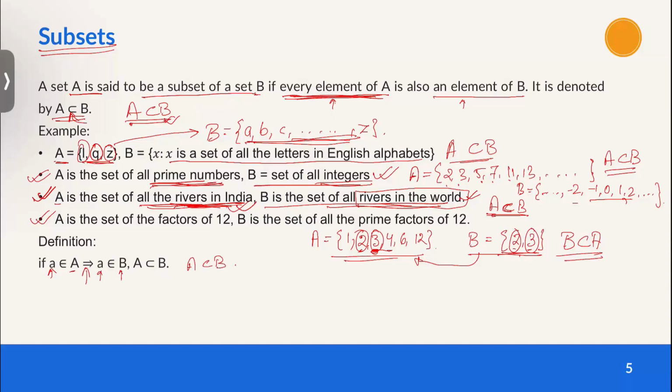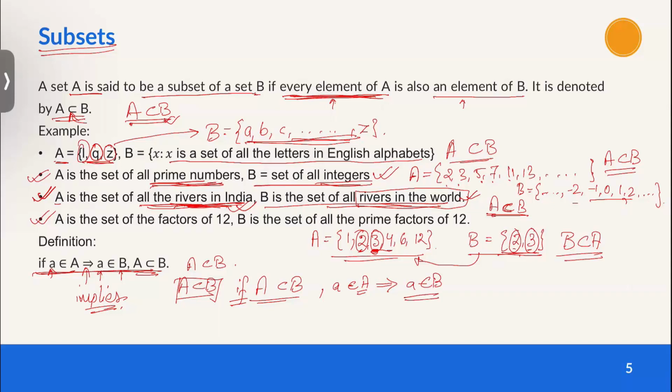So this says implies, right? If A is a subset of B, if this holds, and I have not written it very clearly, what this line says is: if a is an element of the set A, then a will be an element of B, right?